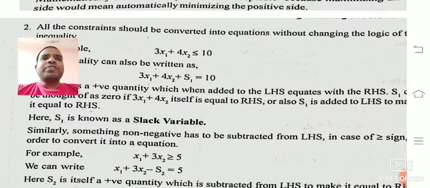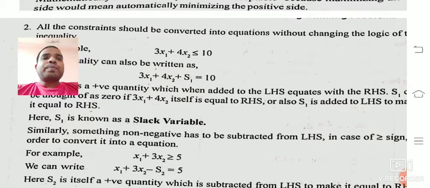Now if the problem has x1 plus 3x2 greater than or equal to 5, the simplex method we can solve using only the less than or equal sign, but here it is greater than or equal. Then we convert that inequality into an equation.